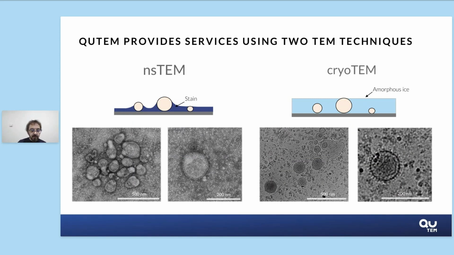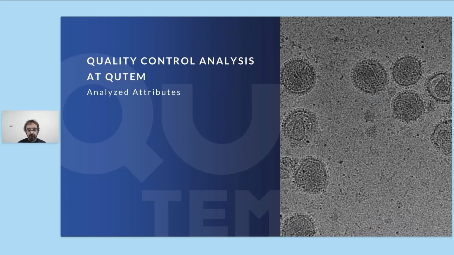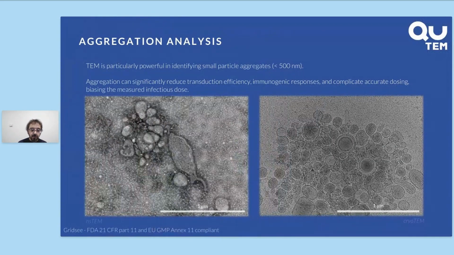So in the next couple of slides, I would like to show you some more examples of what we can typically analyze by cryoTEM when it comes to lentiviruses. Maybe one of the aspects that we can assess, at least qualitatively, is the aggregation.